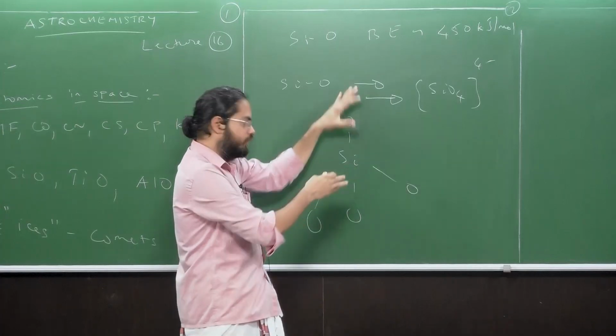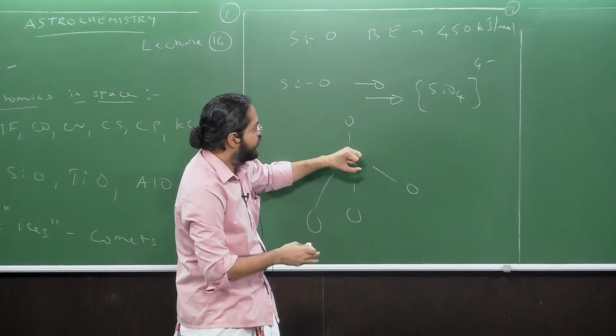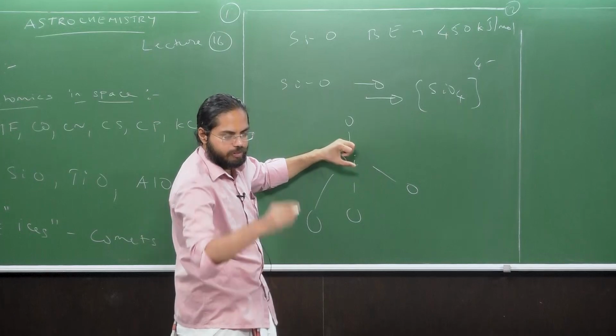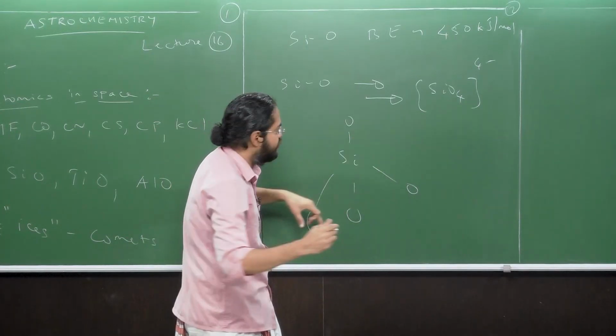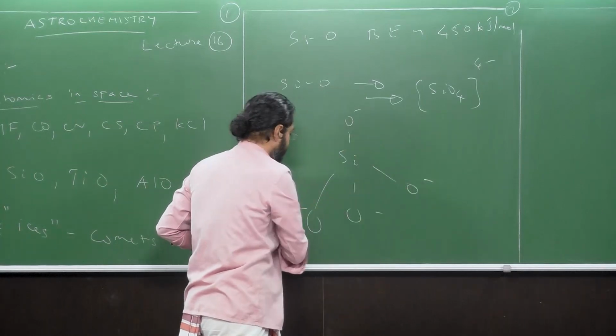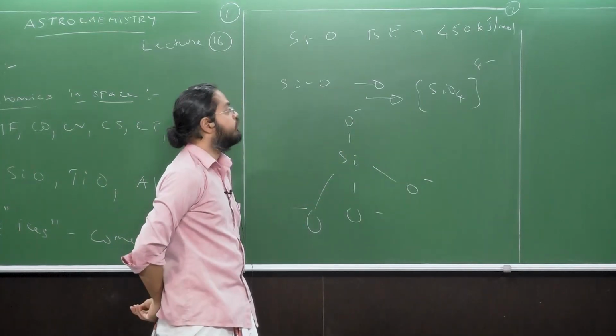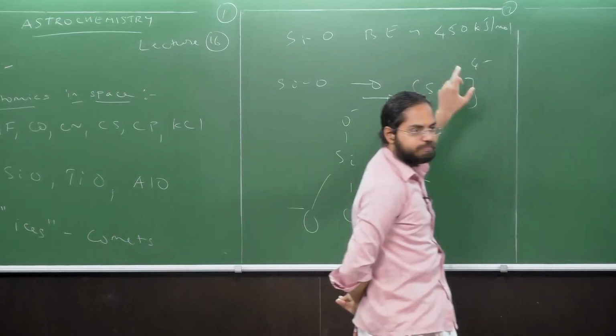It's a two-dimensional board, but you can assume that the silicon is in the middle of a three-dimensional tetrahedron with the four corners being occupied by the four oxygens, and of course, the negative charges being there. So this is the monomeric unit of SiO4 4-.